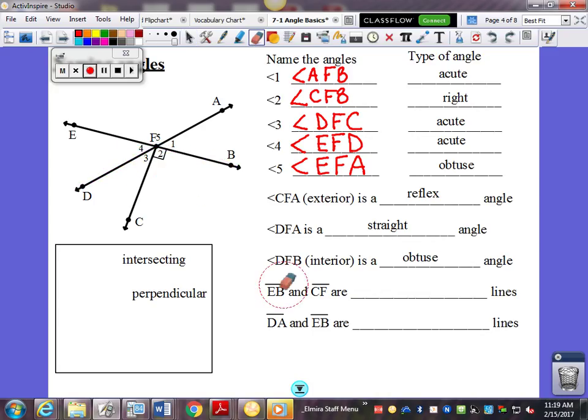Now the next part has EB with a line on top. That means we're talking about line segment EB, and then line segment CF. What vocabulary word, if I highlight and look at those lines? Firstly, I'm thinking intersecting lines because they cross, they have a vertex, but I also see that there's a right angle in the corner, so this is actually perpendicular.